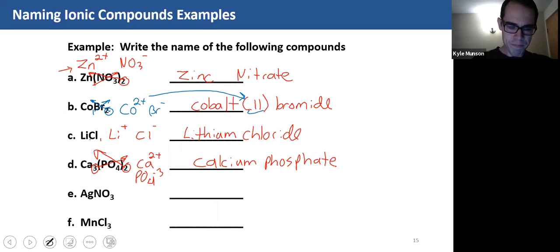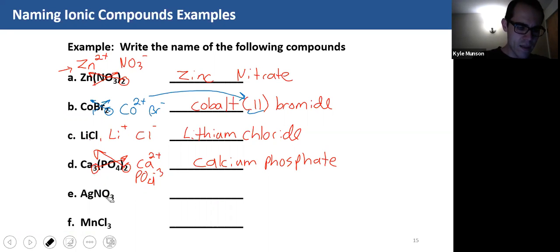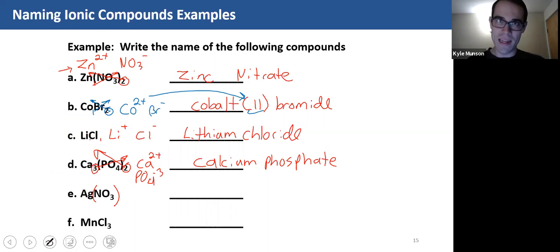phosphate. Okay, this one, you might be tempted to bring this 3 over there, okay? But that is incorrect. That 3 belongs within the polyatomic ion. It is a nitrate anion, okay? So keep that in mind. When you have more than 1 atom together, that 3 is not the charge of the cation, if that makes sense.